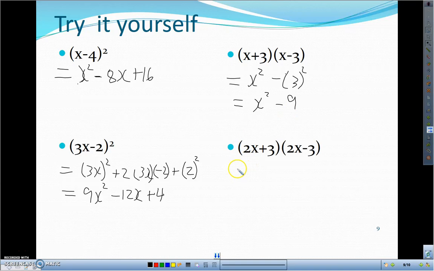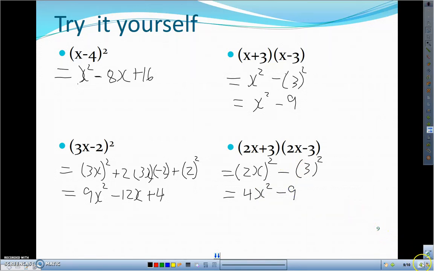And down here we've got an a plus b times a minus b, so that's 2x squared minus b squared, which is 3 squared. And this will be equal to 2x times 2x is 4x squared, and 3 times 3 is minus 9.